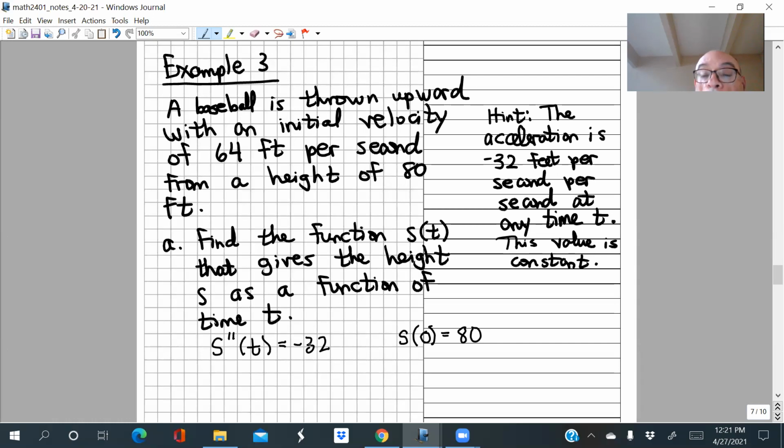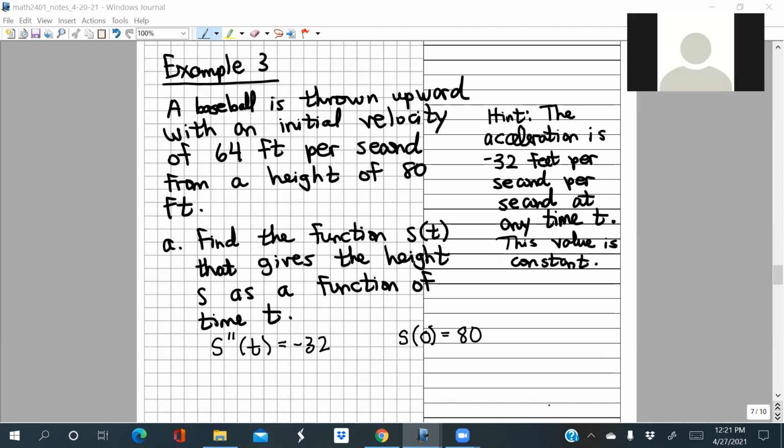Now we know something else, Van. We know that the velocity was 64 at time 0. When we initially threw the baseball up, it was traveling at 64 feet per second. So how can we write that fact down mathematically?